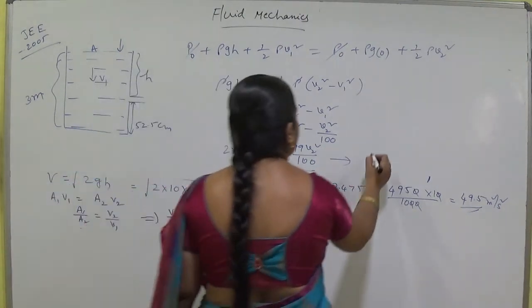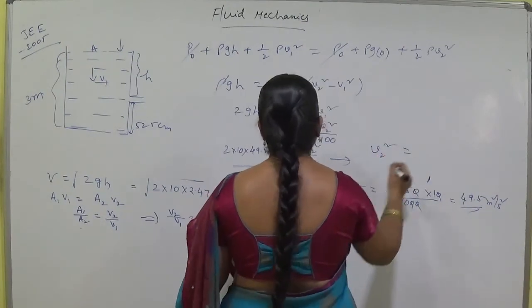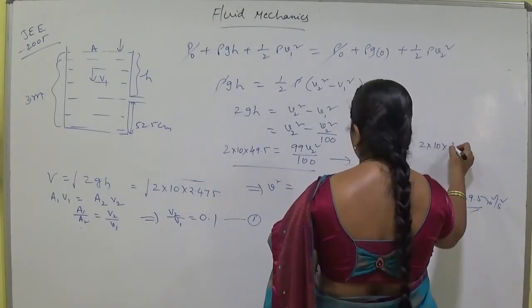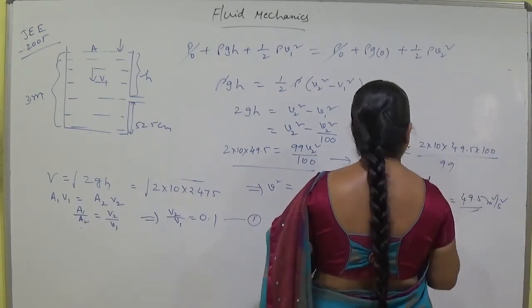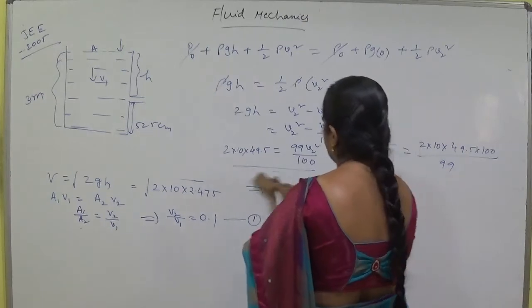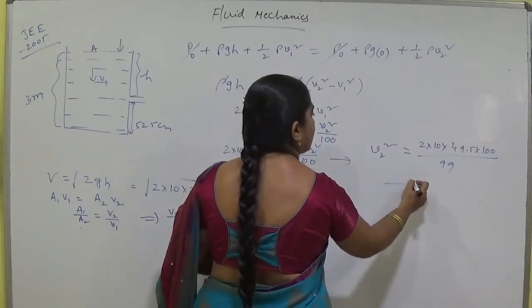V2 square value is equal to 2 into 10 into 49.5 into 100 by 99. We get the answer.